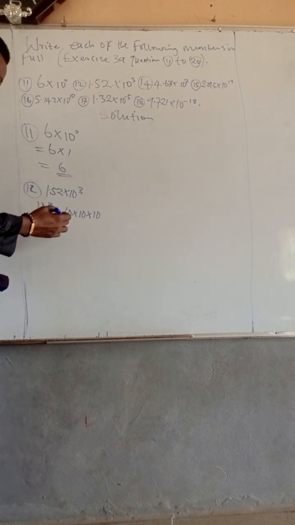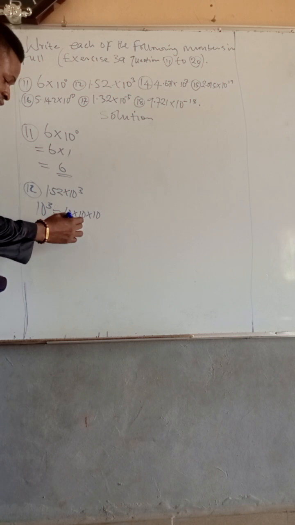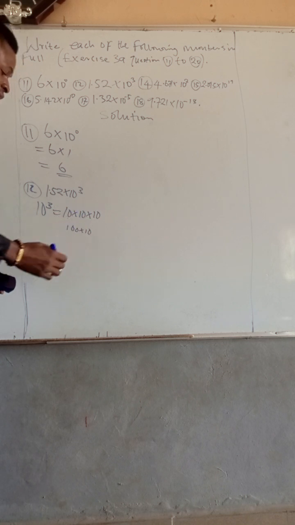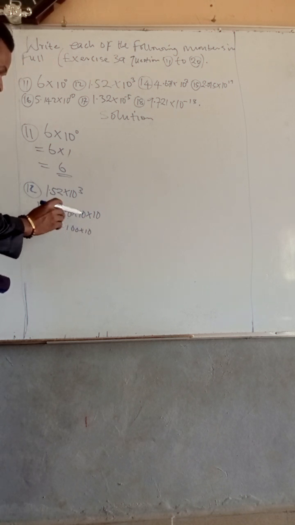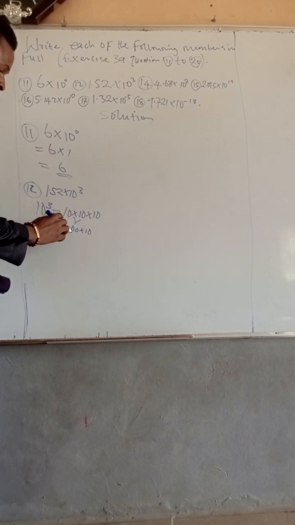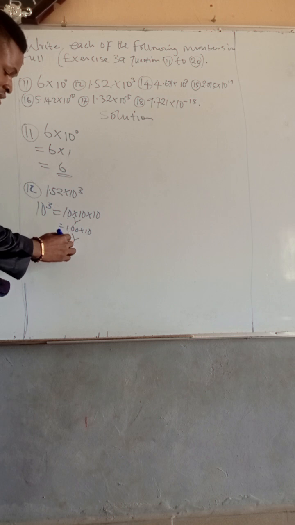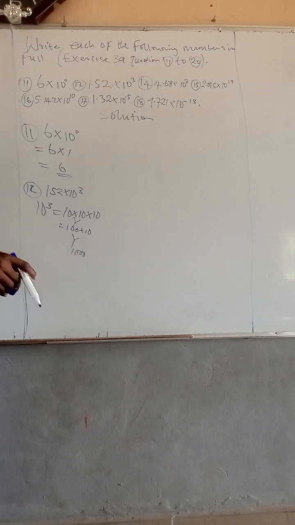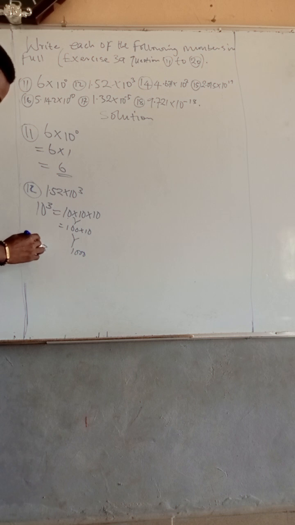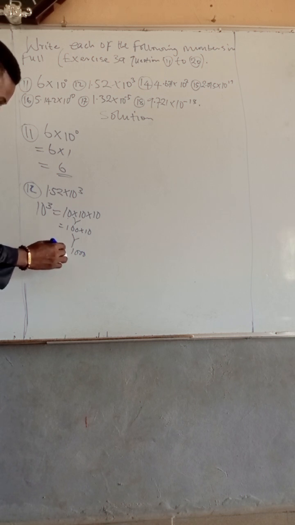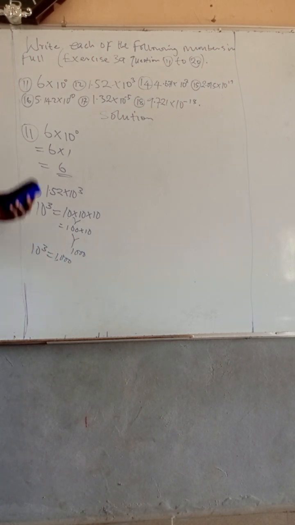So 10 times 10 is 100, times 10. This one and this one will give you 100, then this one times this one will give you 1000. So 10 to the power of 3 is equal to 1000.